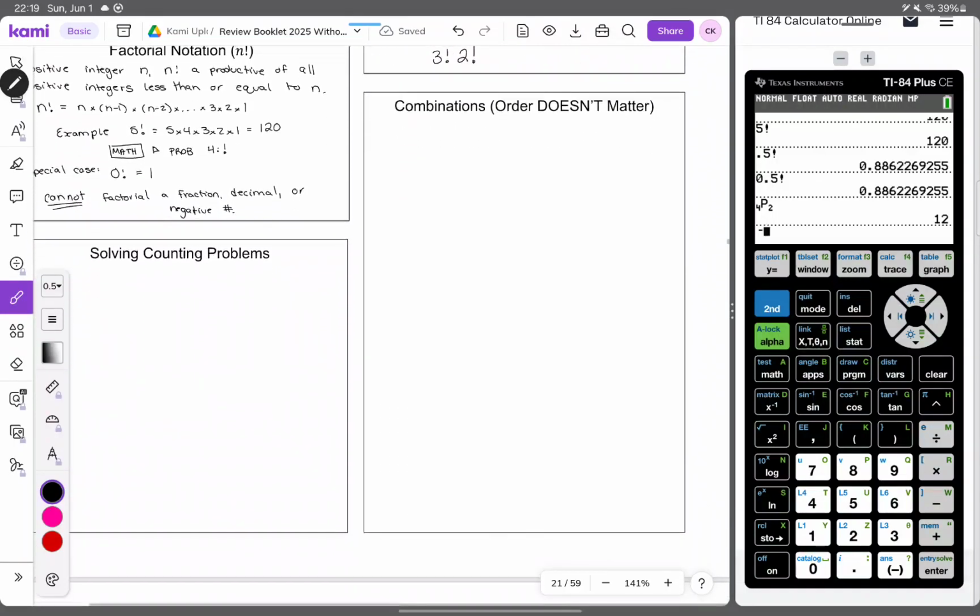Its counterpart is combinations. Combinations is when I am just selecting items, and order does not matter.